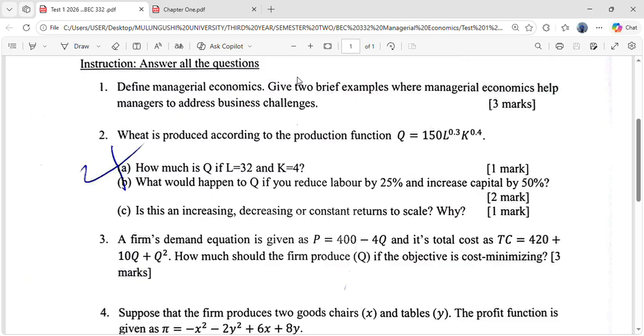So in layman's language, managerial economics is simply a subject of study where we apply economic theory and quantitative methods to business decision making. The examples where the manager can address business challenges are quite a lot. We have one, management decision problems.